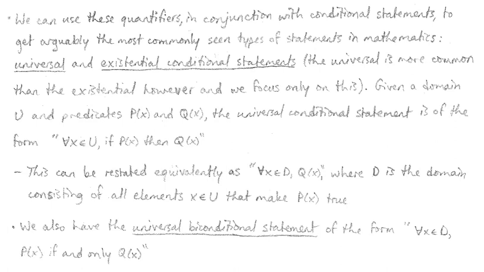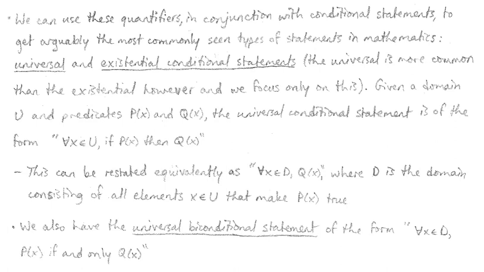Now there is another way we can restate this. We can restate this by just assuming that we're only going to work with the X values, the elements of U, that will make P of X true.